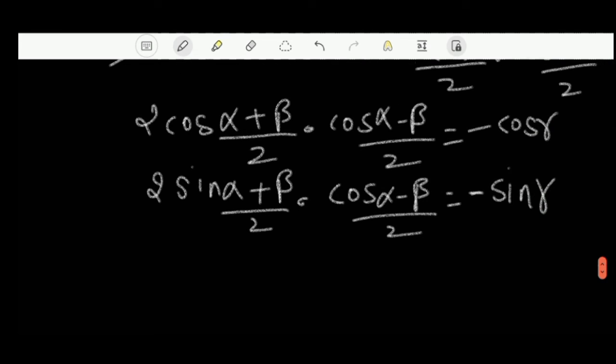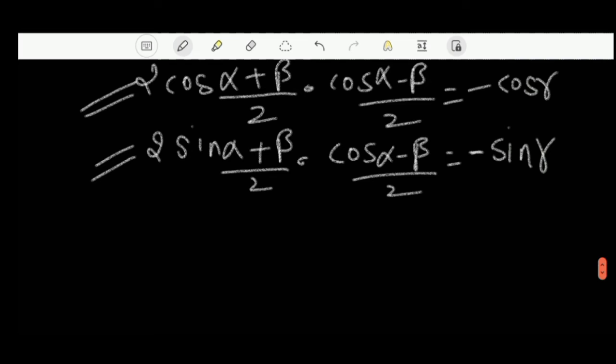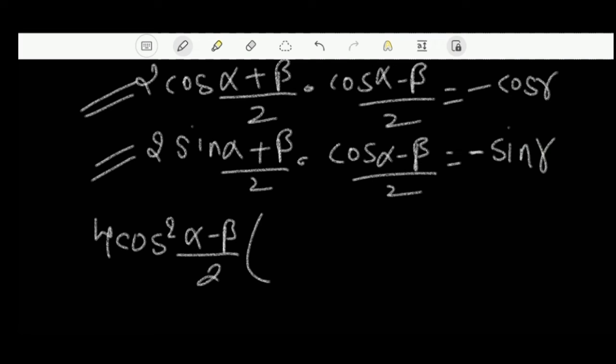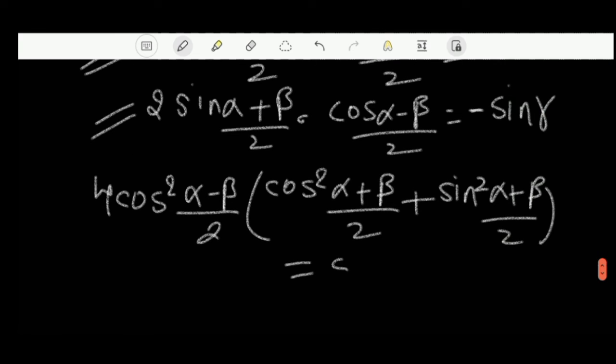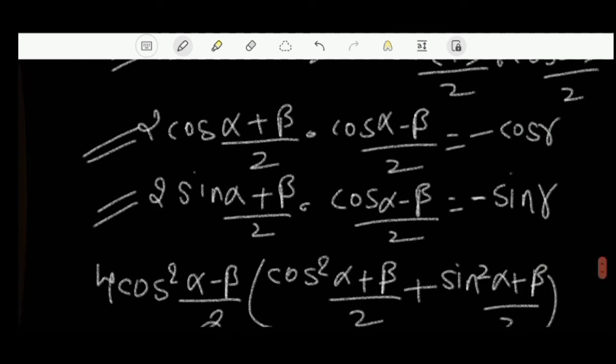And now we have to just square these two equations and add them up. So we'll obtain 4 cos square((alpha minus beta) by 2), because this term is common in both equations, and inside the bracket cos square((alpha plus beta) by 2) plus sin square((alpha plus beta) by 2), and on the right hand side we'll obtain sin square gamma plus cos square gamma.